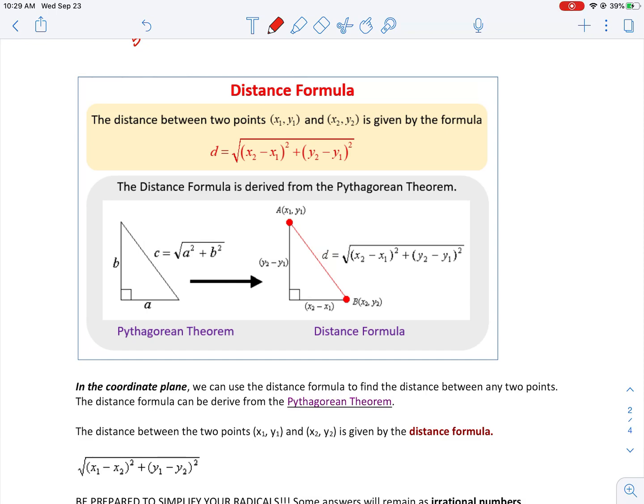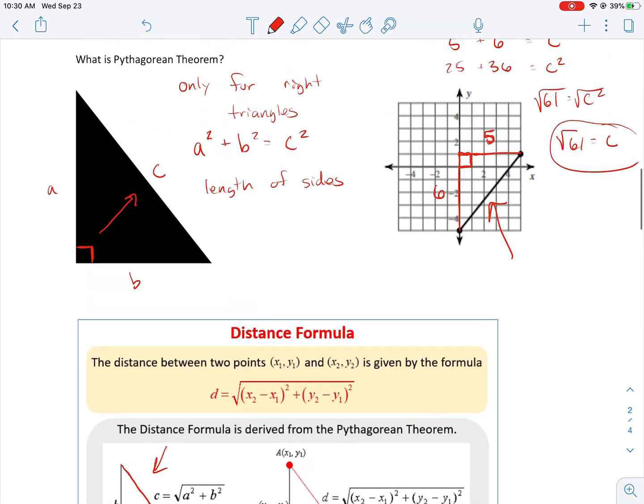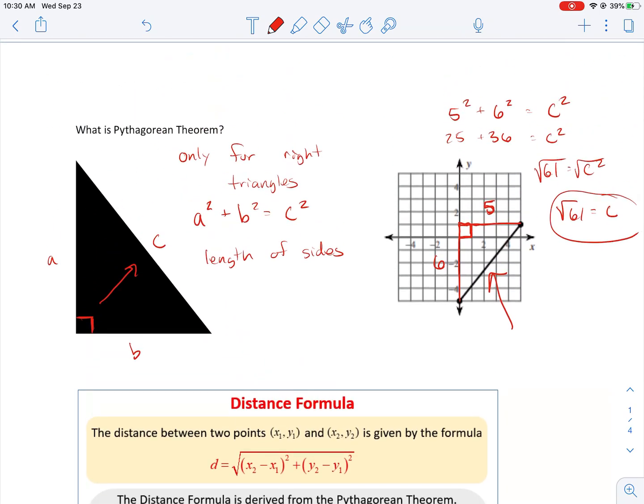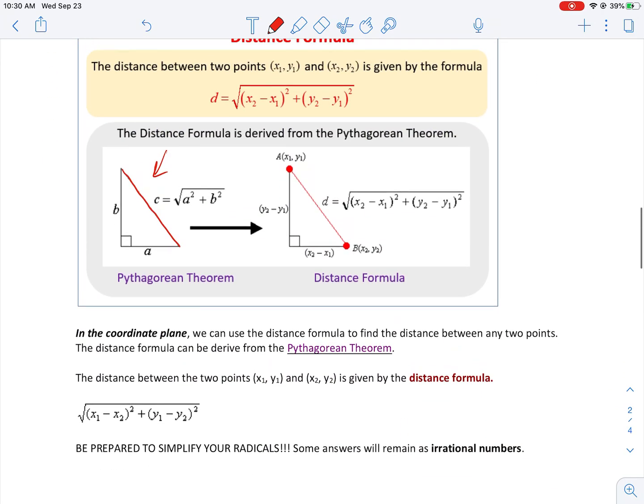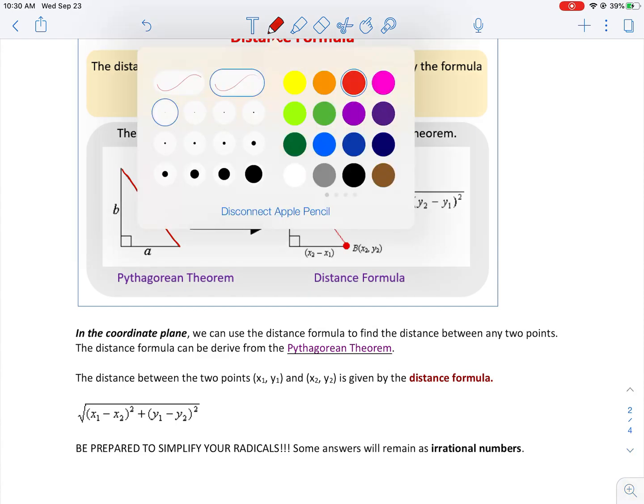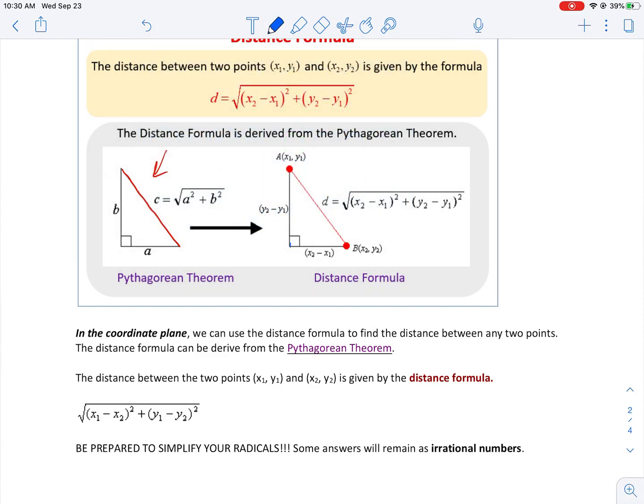If you look right here to the left, you can see that this length c, just like we found up here, is actually equal to the square root of a squared plus b squared. And what's happening here is this distance formula takes into account finding this distance right here. So let me mark that in blue.